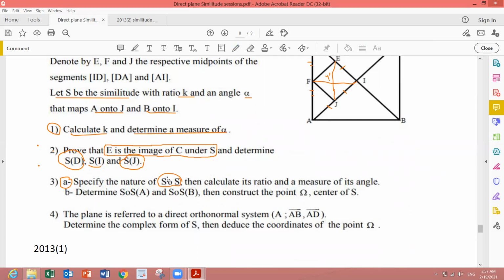S round S is a composite of two similitudes of the same center. Then S round S is a similitude of center omega, ratio K times K prime, and angle alpha plus alpha prime.